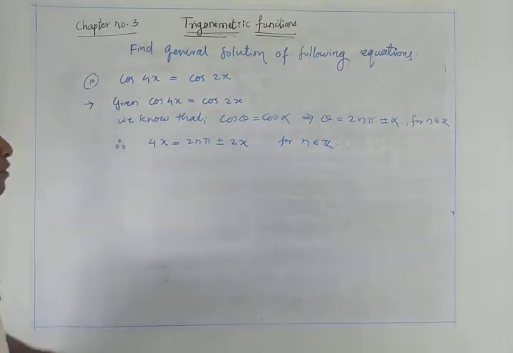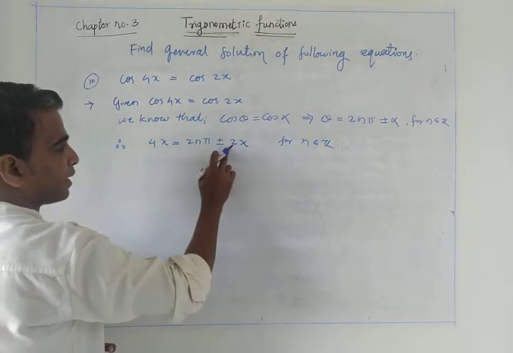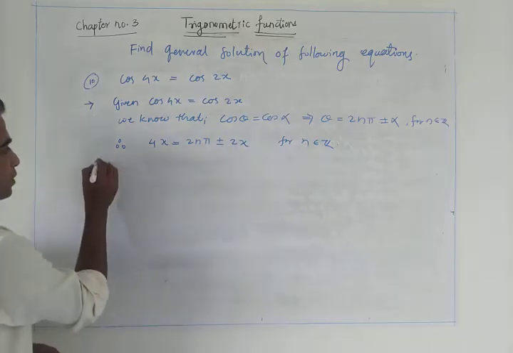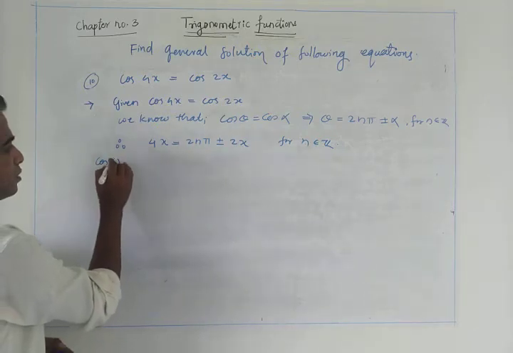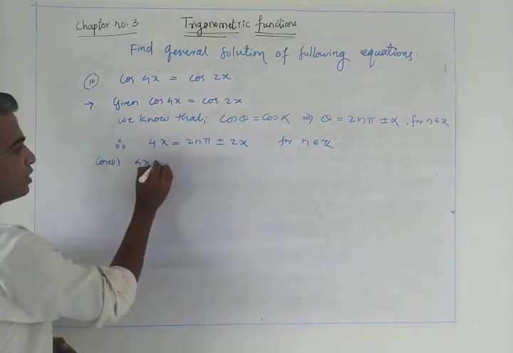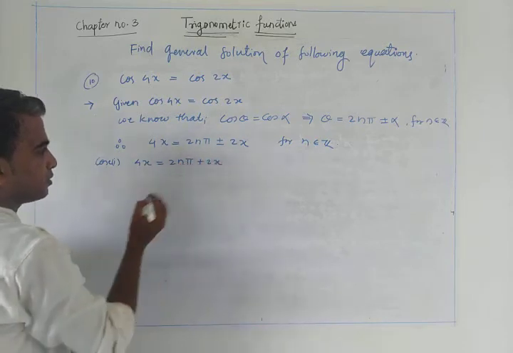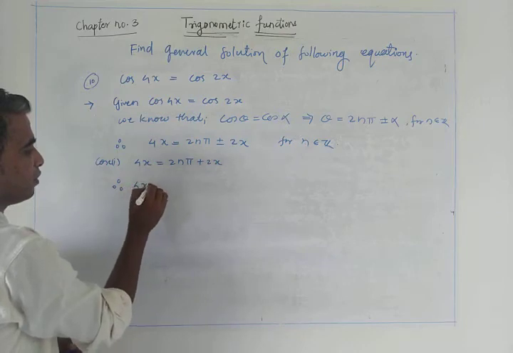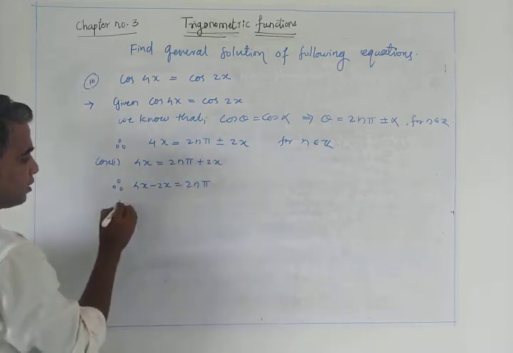And now we are going to find the value of x, so we start with simplification. Now here two cases are there: one is positive addition, one is subtraction. Start with case 1: 4x is equal to 2n pi plus 2x. Now simplify it. 4x minus 2x is equal to 2n pi.